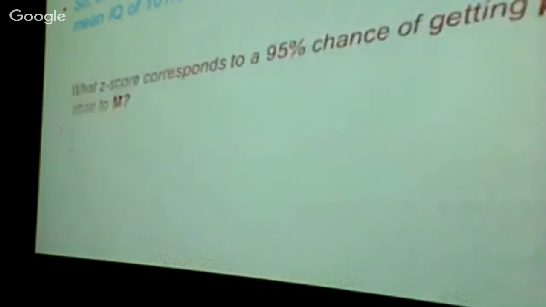How does that look? So again, that's my sample. What z-score corresponds to a 95% chance of getting a mu close to an m? Remember your z distribution? What z corresponds to 95%? Remember my 3 sigma rule? It's around 2, if you remember correctly.